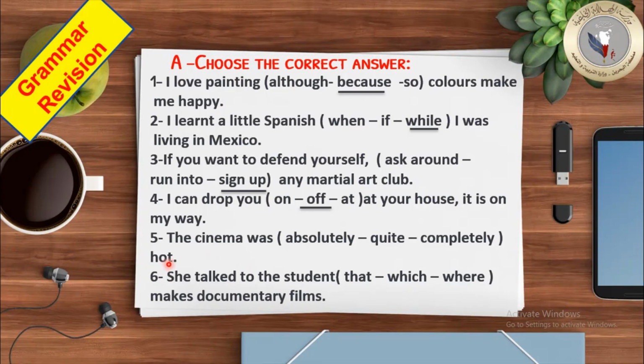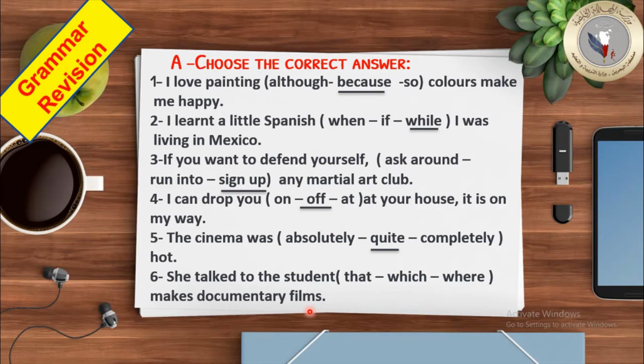Hot, it's coming from the temperature. Temperature, it's what? Variable and changeable. So of course I choose quite, not absolutely nor completely, because both of them come only with what? Non-gradable adjectives. So I of course choose quite.